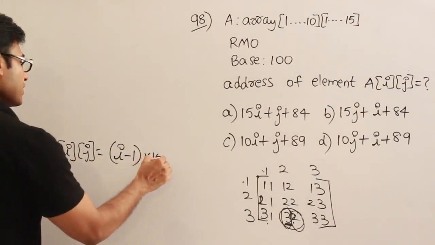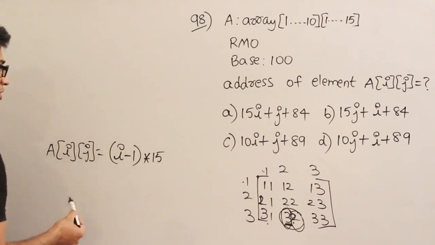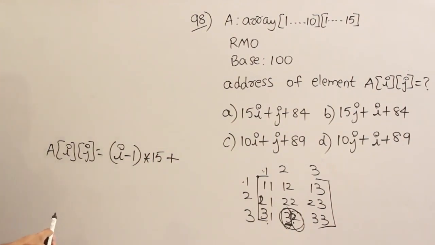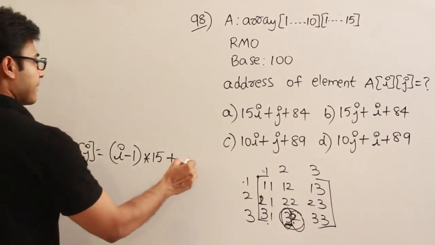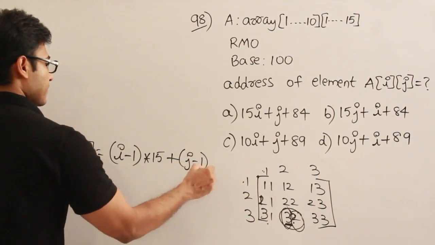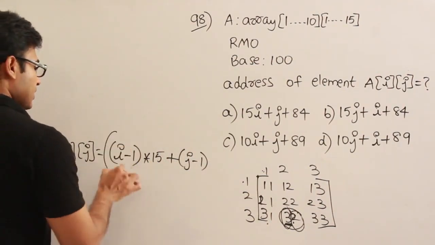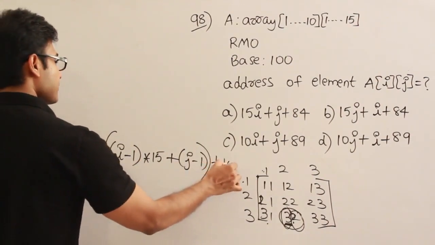Therefore 15 elements I have to cross in each row, and the number of rows is I minus 1. Plus, once I reach the particular row, how many elements should I cross? J minus 1. Got it? So this is the total number of elements I should cross, and the base is 100.